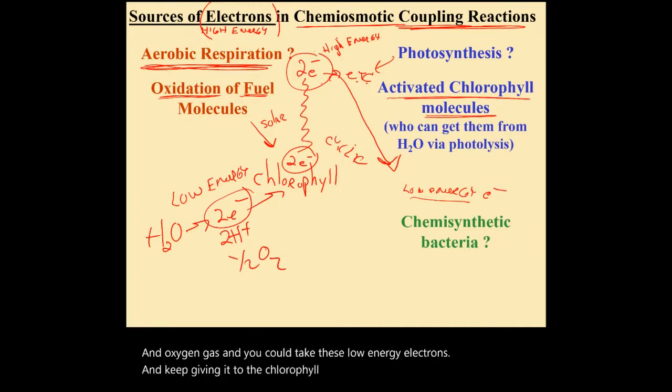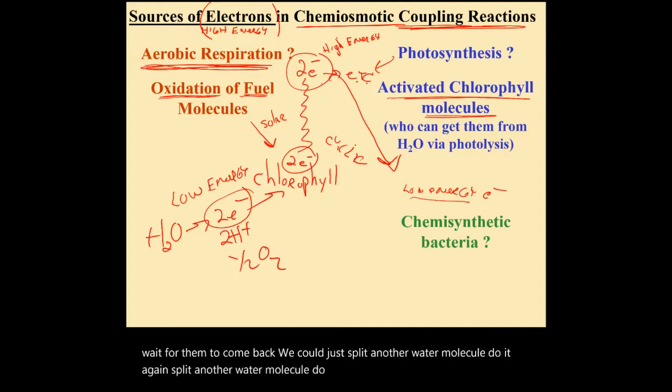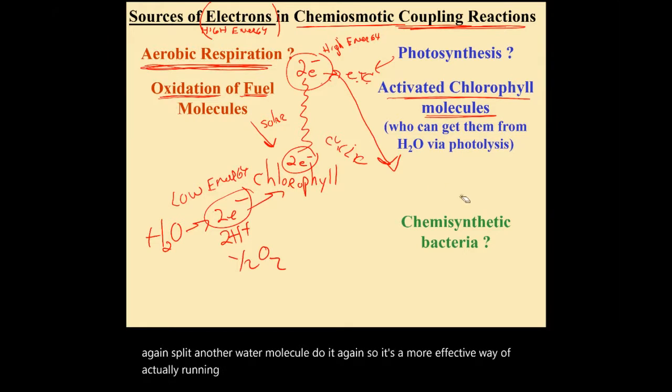So every time the chlorophyll sends up a pair of electrons to the electron transport chain, we wouldn't have to wait for them to come back. We could split another water molecule, do it again, split another water molecule, do it again. So it's a more effective way of actually running what? Photosynthesis. And that's called non-cyclic photophosphorylation.